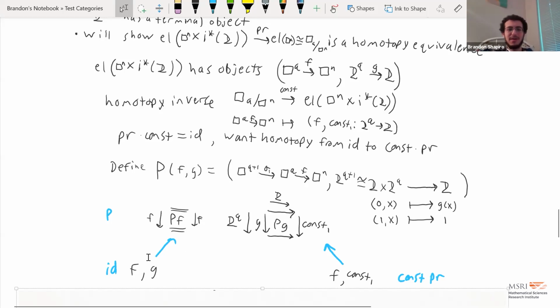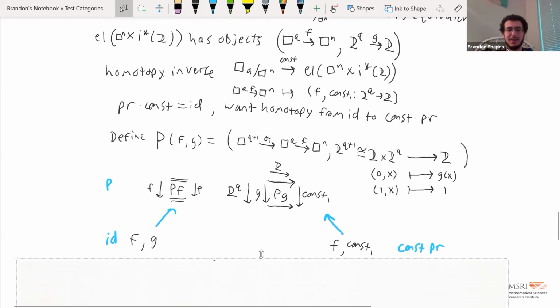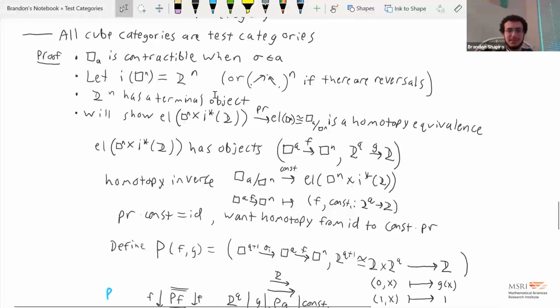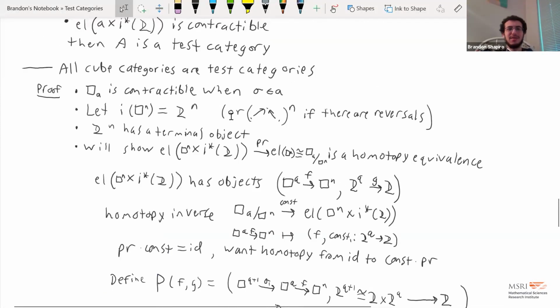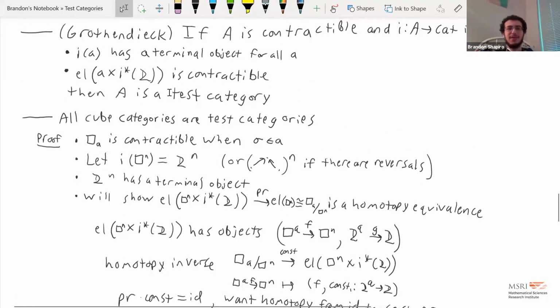And then, as before, f and g include on the left in these cubes, and f and const include on the right. Those are natural transformations, and therefore we get the homotopy we need to show that this map is a weak equivalence, therefore this is contractible. And so all of our cubes are test categories.